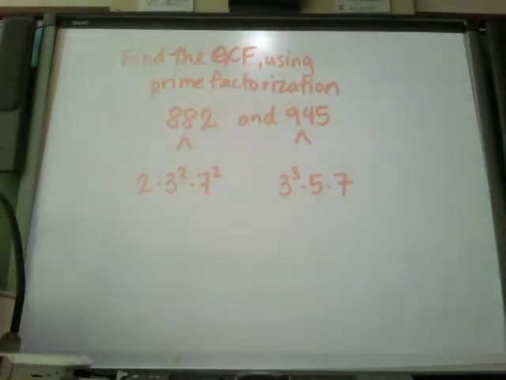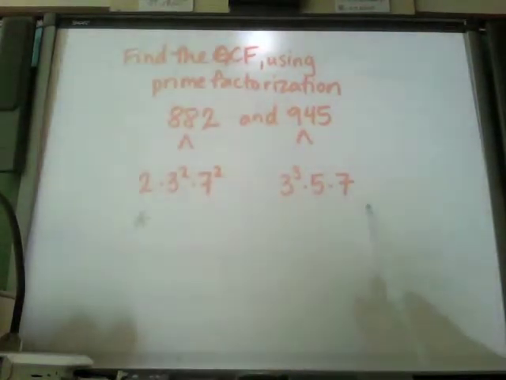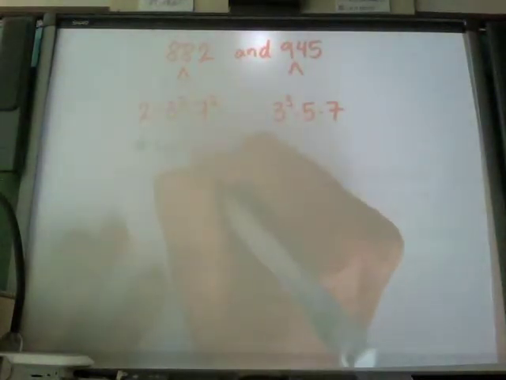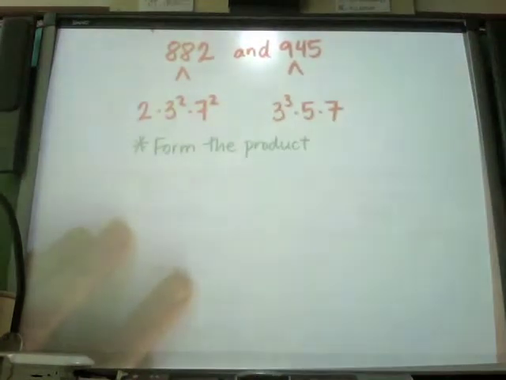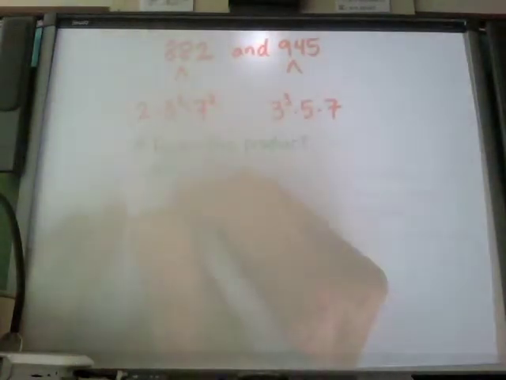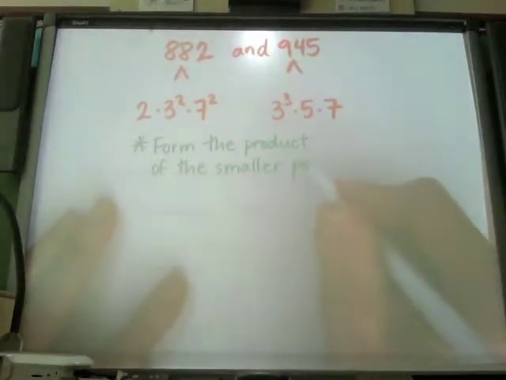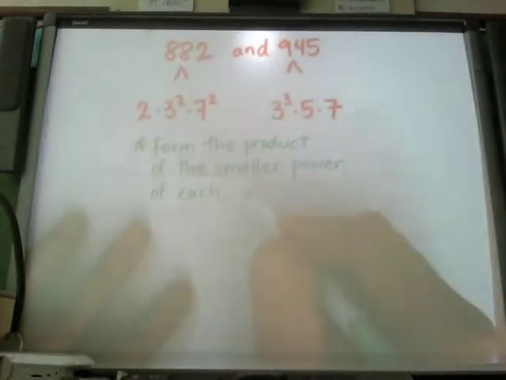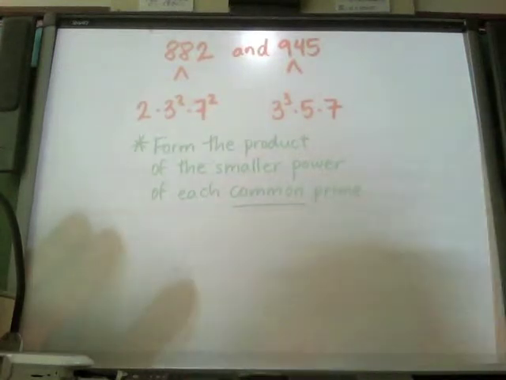Now, here's what you need to do to use that information to find the greatest common factor. From these two answers of the prime factorization, you are going to form the product, so we're going to be multiplying, the product of the smaller power of each common prime factor.